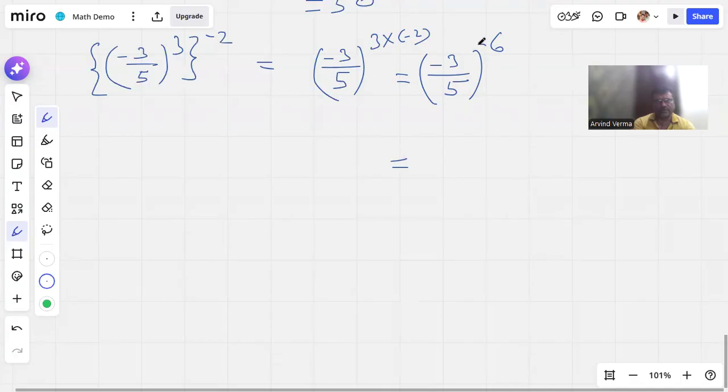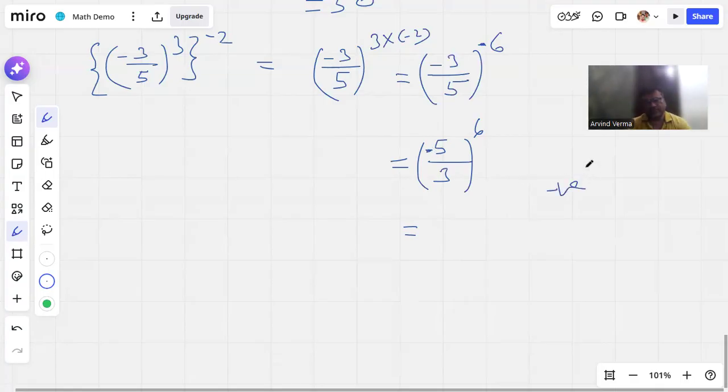So this minus 6 means I have to reciprocate the base and remove the negative sign. 6 will be there. So 6 is an even number. So will this negative be affected? Yes.